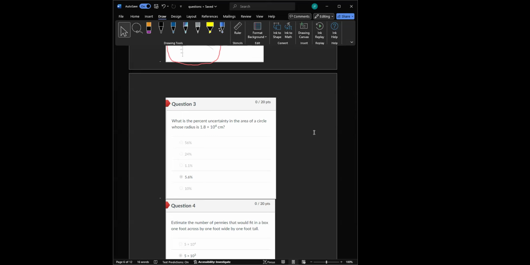Now, what you're supposed to use at this point is sort of like your sig fig rules. So they're asking you what's the percent uncertainty in the area of the circle. So the area is pi r squared, and you just calculated that. But sig fig rules would tell you that you're only supposed to have two sig figs. So you'd have to call that 1.0 times 10 to the ninth centimeters squared.